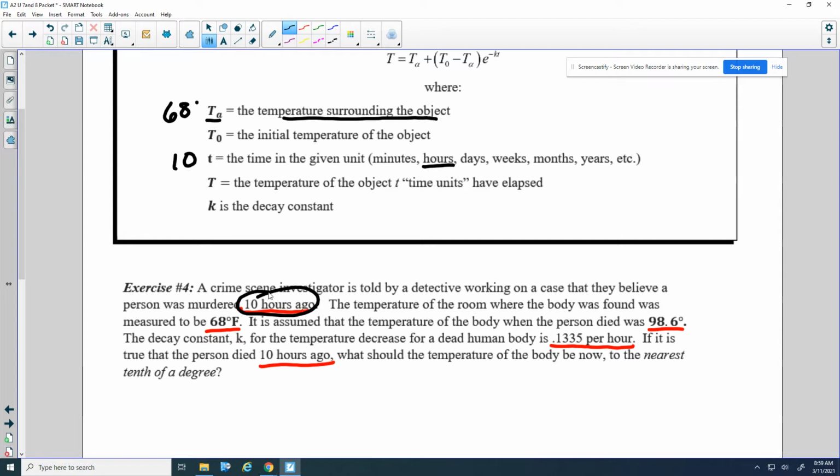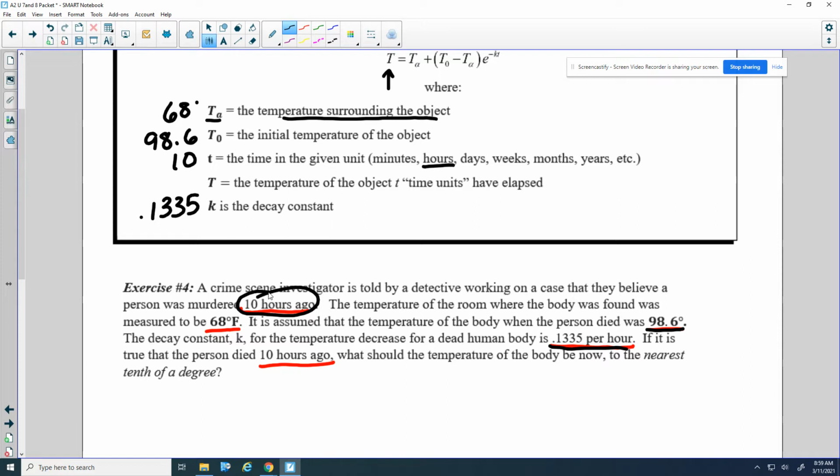T sub 0 is the initial temperature of the object. So the initial temperature of the person is 98.6. And then it said we are finding the T by itself. I know this is confusing because there's multiple T's going on, and that is that one. So the decay constant is the last thing we have, and for a human body, that's 0.1335 per hour, which matches with our variables. We don't have to do any sort of crazy converting.